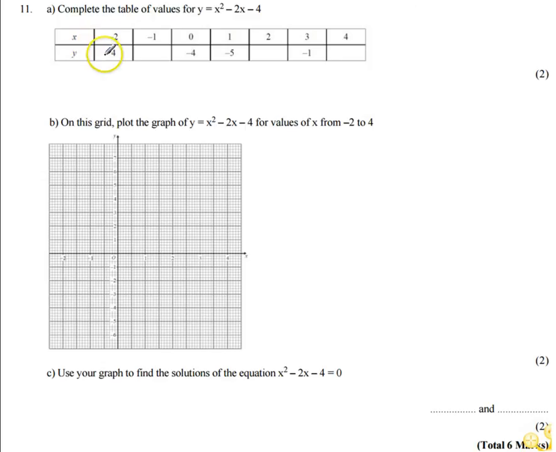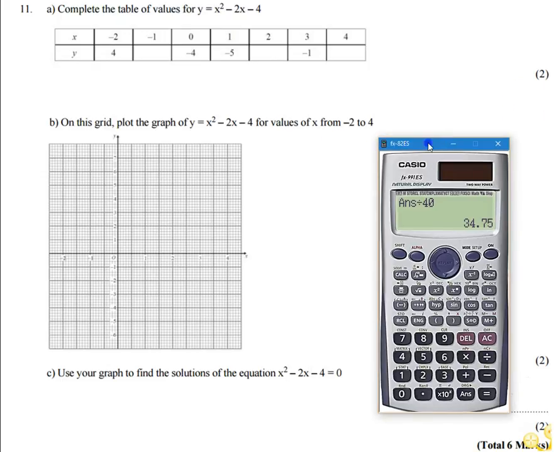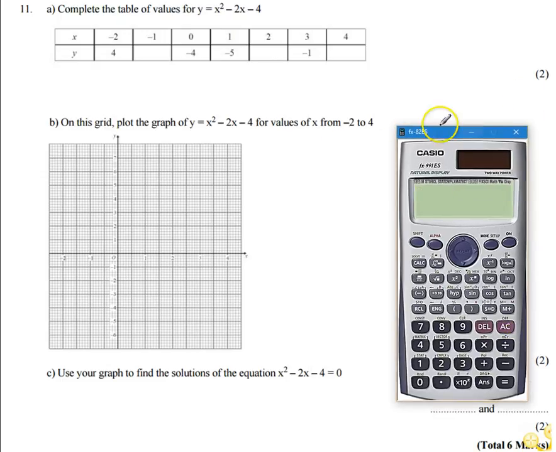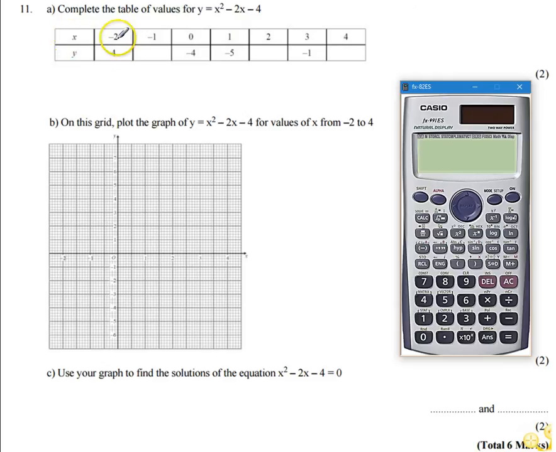So my y coordinate is my x coordinate squared take away 2 times my x coordinate take away 4. A good tip here is to start with one that's already given, just to make sure that you're working it out correctly.